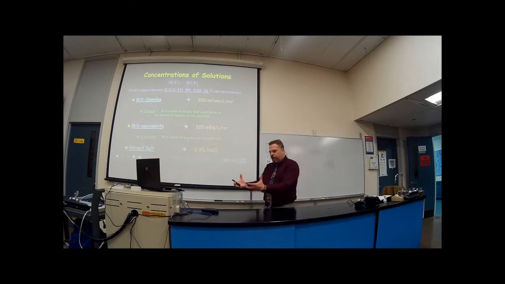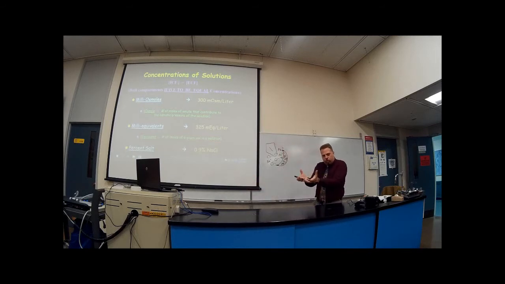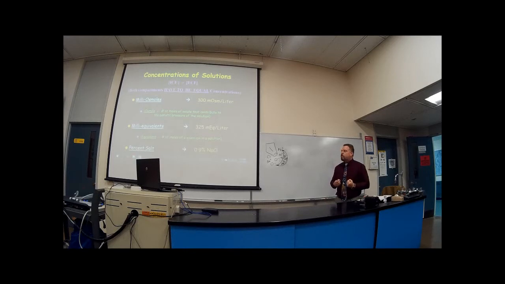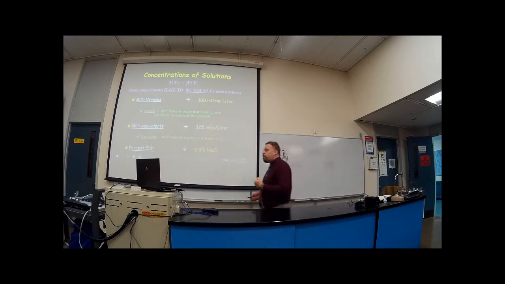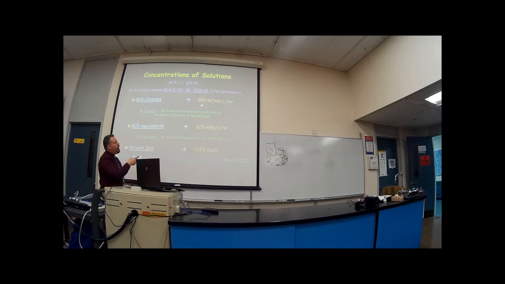So how much of that is going to draw water towards itself? The osmotic, oncotic pressure. What it should be inside and outside the cell is about 300 milliosmoles per liter. That's what it should be inside the cell and outside the cell. If it's different, then water is going to move to that area, which I'll talk about.